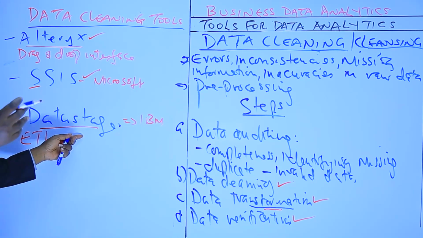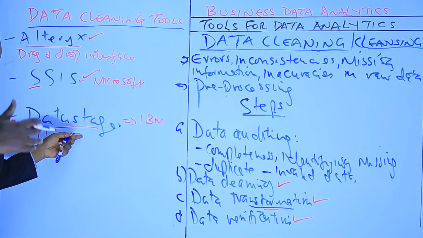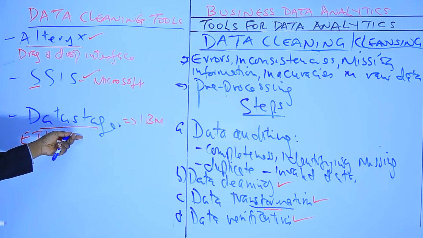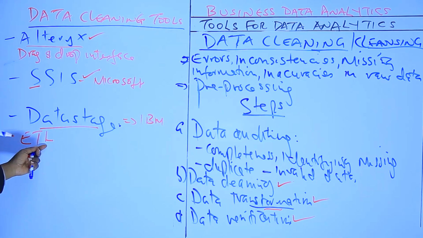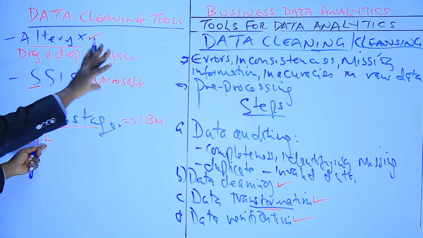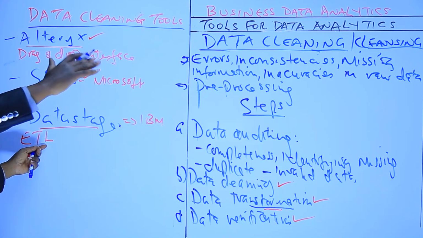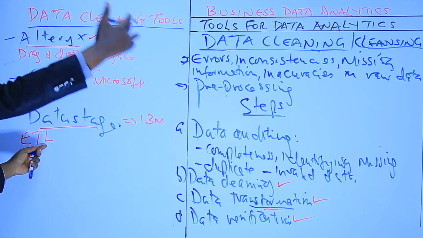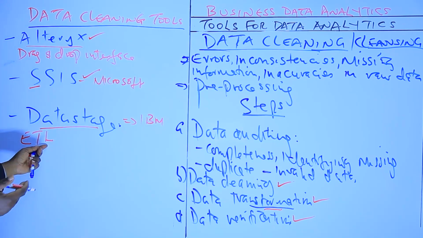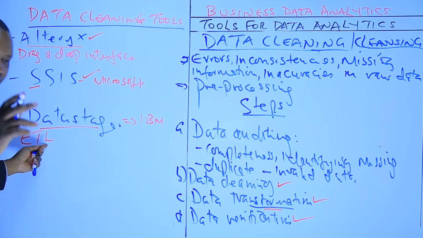So DataStage provides a graphical interface for designing and running ETL jobs, which consist of a series of stages that extract data from sources, transform it as needed, and then load it into the target system. Do you understand, candidates?